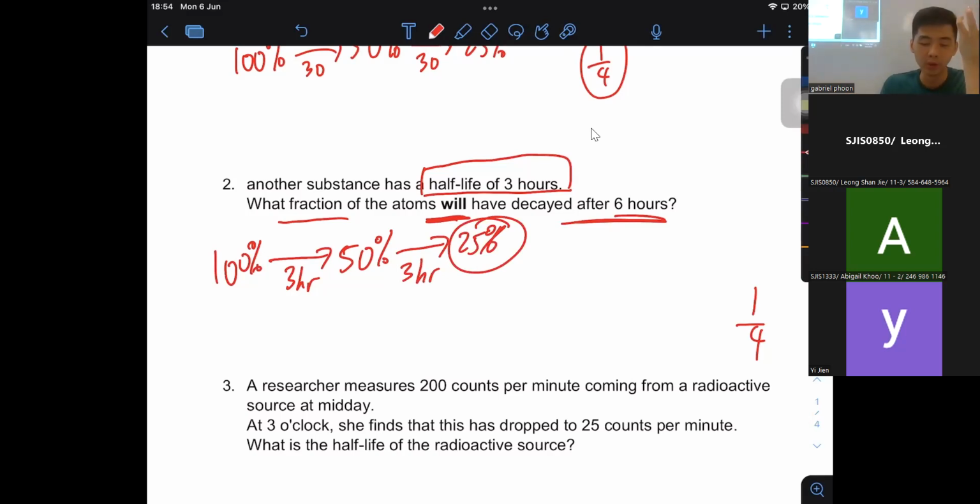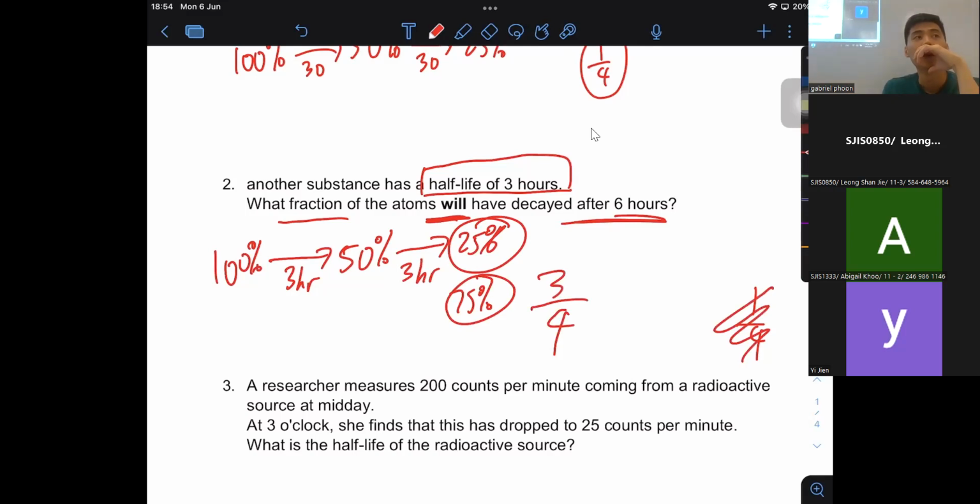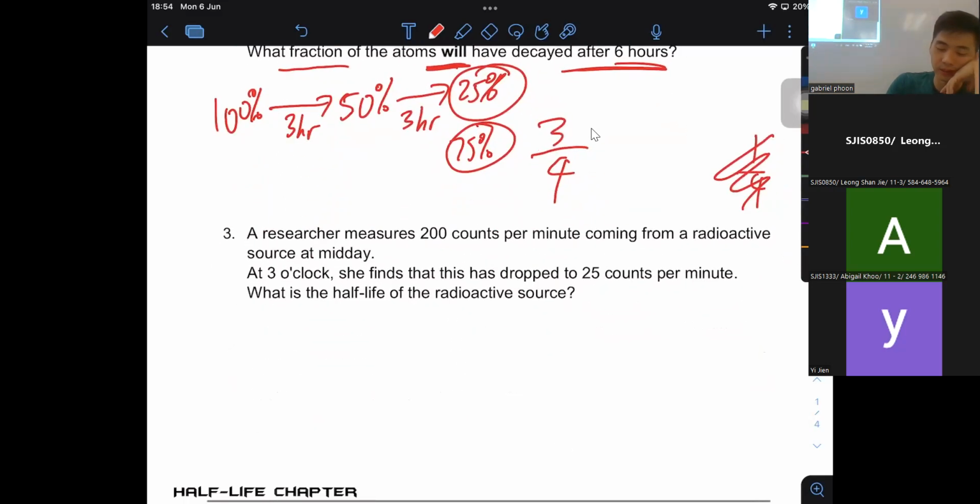So how much will have decayed away? 75% of it will have decayed away, which is essentially 3/4 instead, guys. Everyone understand what I'm talking about for this part here? I think everyone should have been able to do this, right? Exactly.